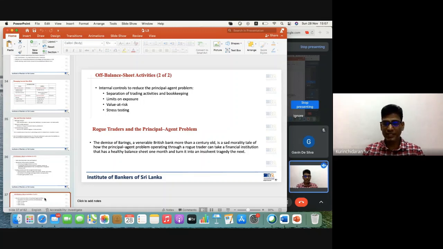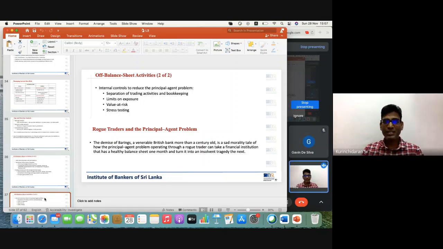So suddenly this Tokyo stock exchange collapsed. So his exposure to the exchange was huge, and finally he lost. So basically one trader brought down this bank, a 100-year-old bank, because of a simple lack of control mechanism, right?